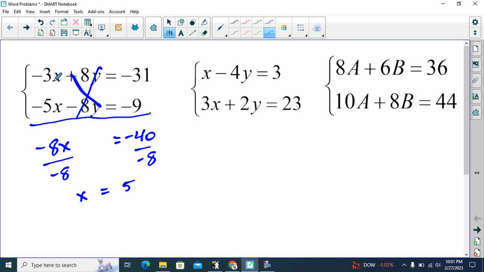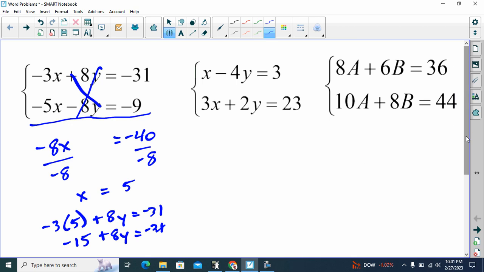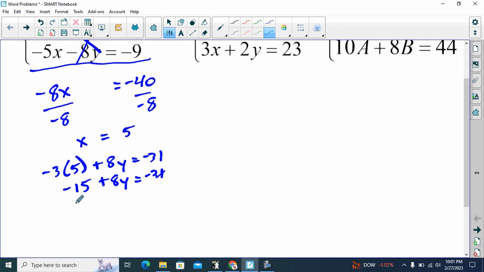To get the y value, plug 5 into either equation. I'm going to plug it in right here. So we have negative 3 times 5 plus 8y equals negative 31. Multiply. Add 15 to both sides.